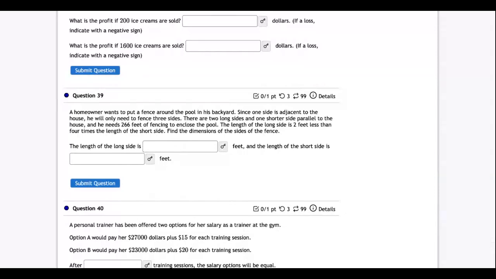How many have tried or have finished this practice exam? Can you type in 1 if you have finished? Two people. What about the rest of you? Are you still trying?